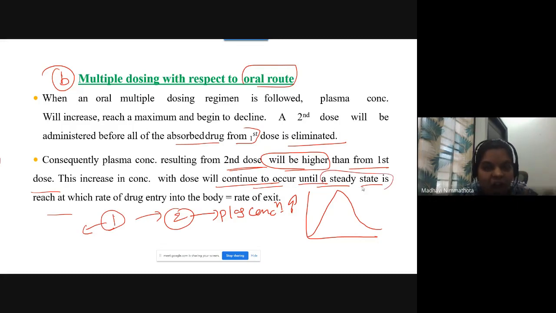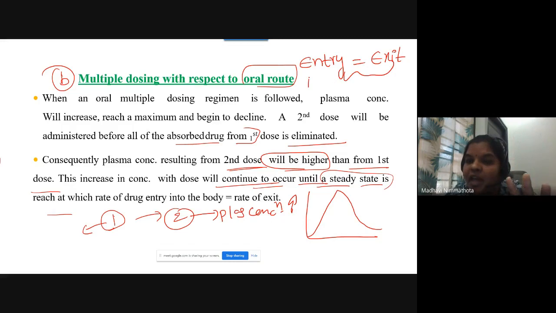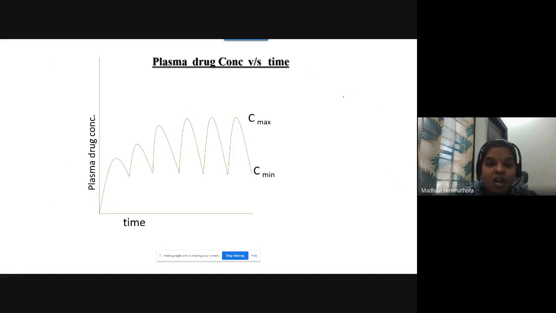And then at the steady state, your entry of the drug and your exit of the drug will be equal. Entry is nothing but absorption of the drug and exit is nothing but elimination of your drug. So this is your multiple dosing with the oral route.